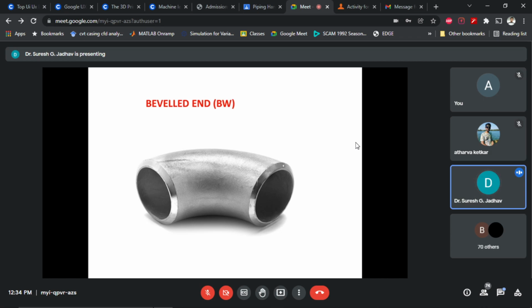The type of pipe end chosen will determine how it connects to other components and which applications the pipe is best suited for. Plain ends, threaded ends, and bevel ends we studied in the mechanical workshop. There are also grooved mechanical joints, or grooved ends.